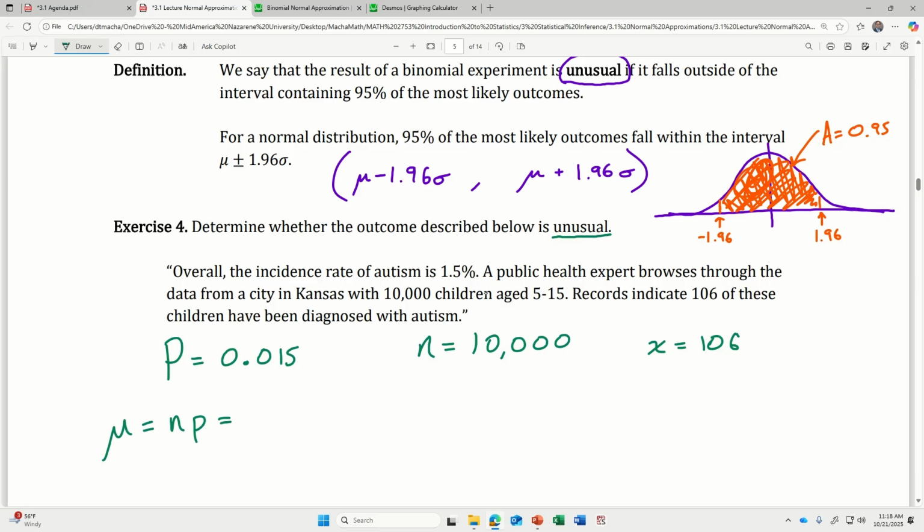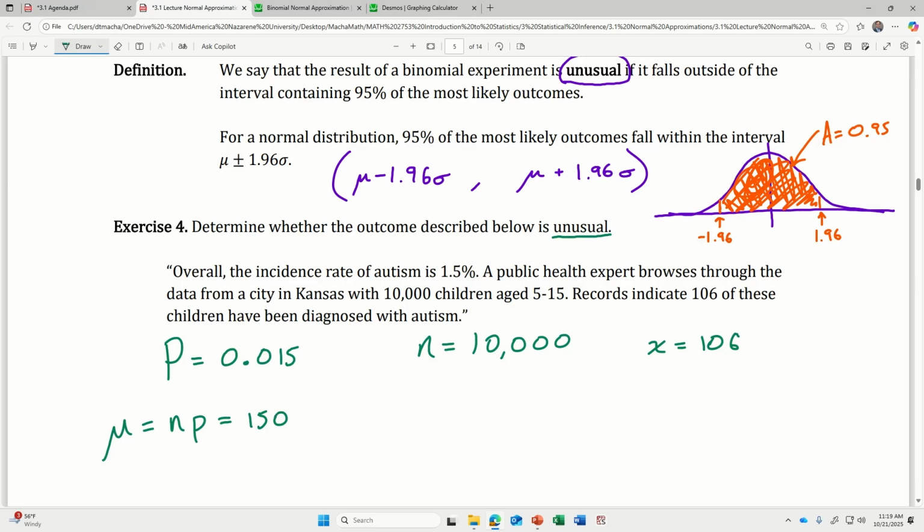So I'm going to calculate the mean, which is n times p, and that's 1, 2, 3, 4 zeros. So I'm going to move the decimal 1, 2, 3, 4. I think the mean is 1,500. No, 150, right? 1, 2, 3, 4. Yeah, 150.